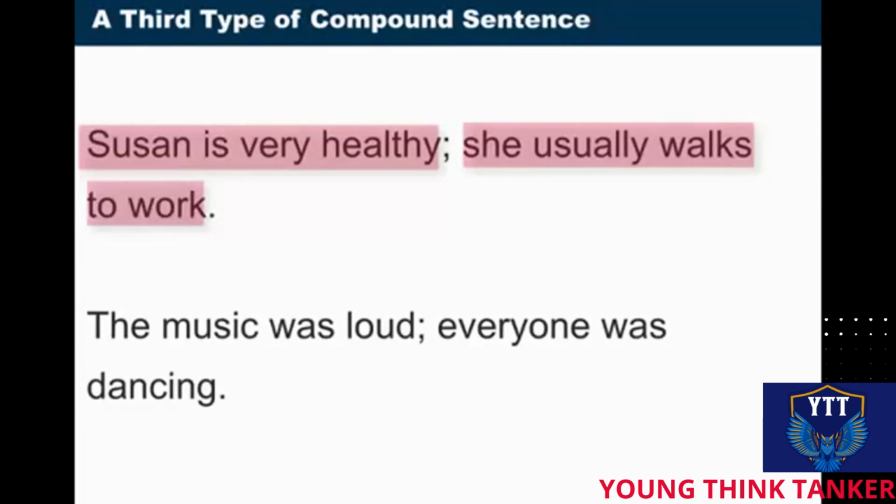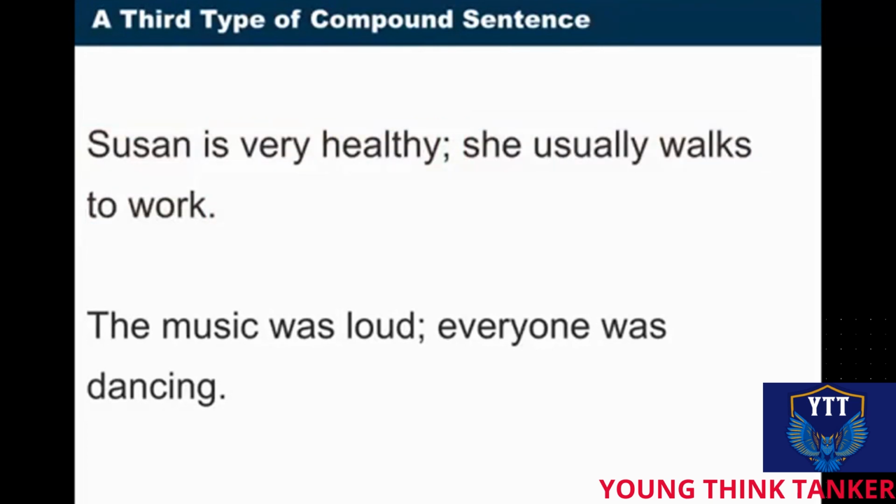Susan is very healthy and she usually walks to work, right? You can imagine that. When we have two sentences that are very closely related and have the idea of and, we can use a semicolon by itself to join the two sentences. Notice I don't have a conjunction or transition here. I'm just using a semicolon, and it has kind of the meaning of and.